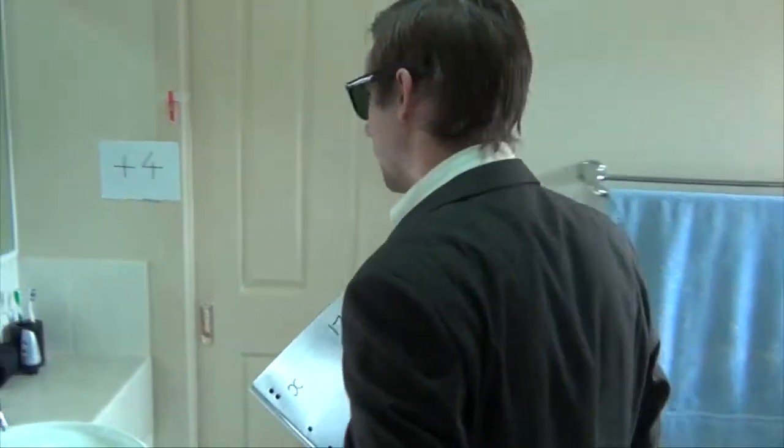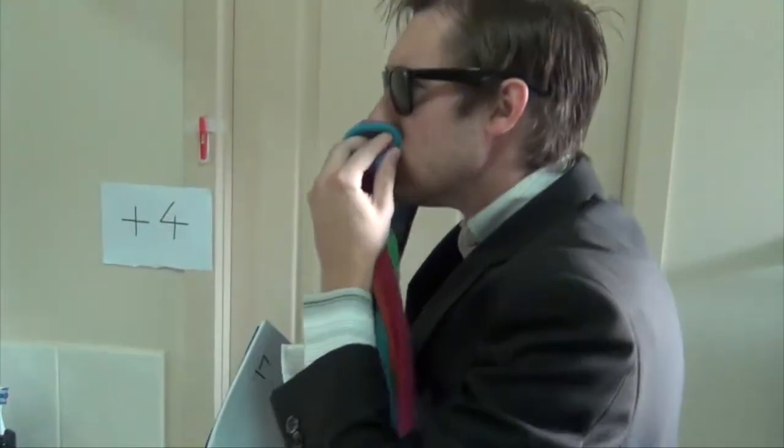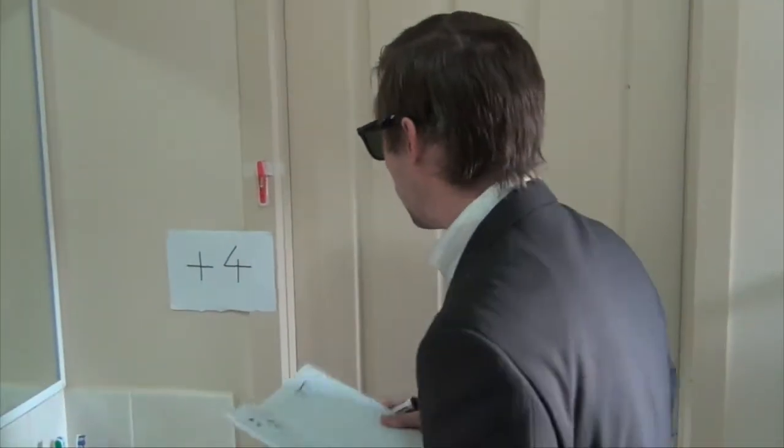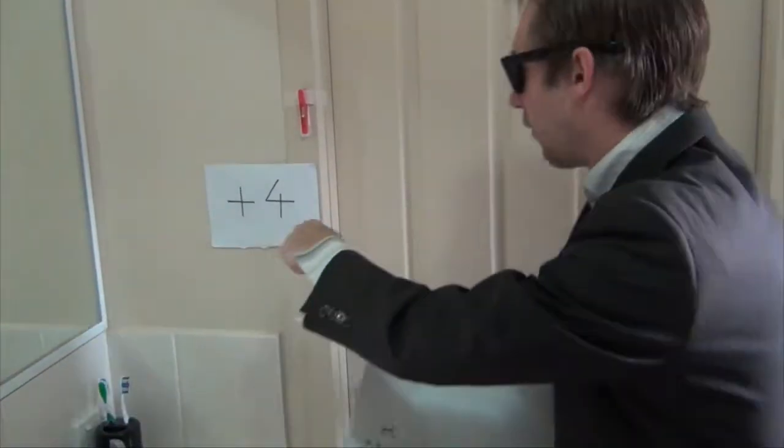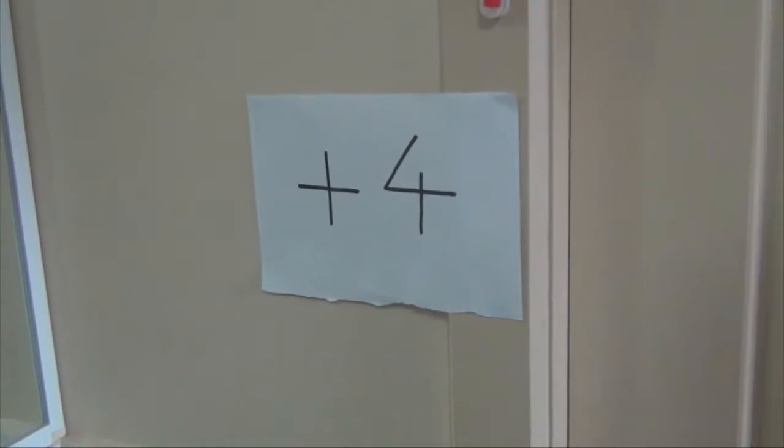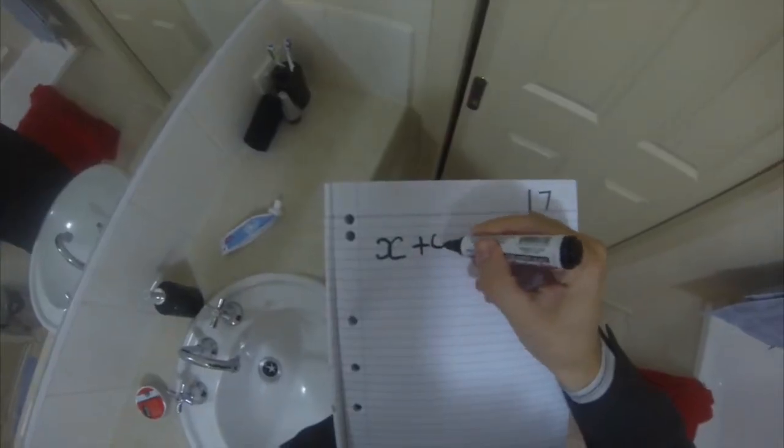Clue. Oh, wait a second. No, clue. Oh, and plus 4. Come on, get it over with. Crikey. X plus 4. Alright. Here you go. Please, there's a gun here.